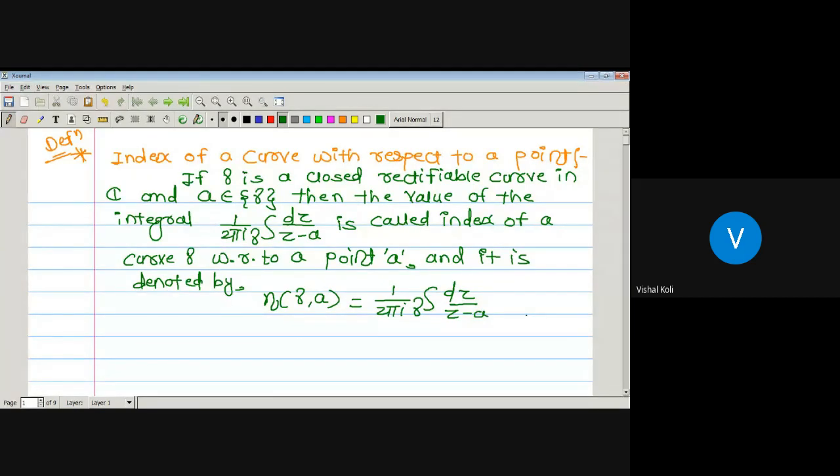That is, gamma is a closed rectifiable curve, which means if it is defined on the closed interval [a, b], then gamma of a is equal to gamma of b, and rectifiable means the length of that curve is finite. If a point A does not belong to the trace of gamma, then the value of this integral is the index of the curve with respect to the point A, denoted by this symbol. Sometimes it is also called the winding number of the curve gamma around a point A.